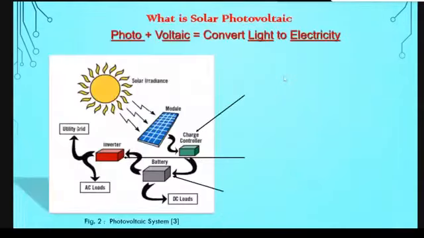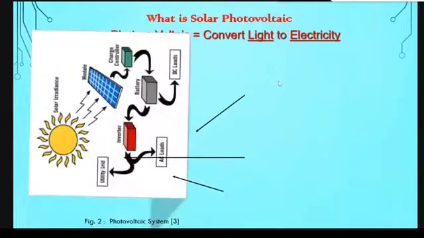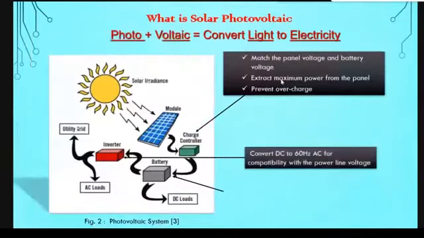So here you can see a simple pictorial representation of what solar photovoltaic is. Photovoltaic is basically a combination of two words: one is photo and another is voltaic. Photo, as you all know, is light, and it comes from photon. And voltaic is electricity. So photovoltaic is light to electricity.